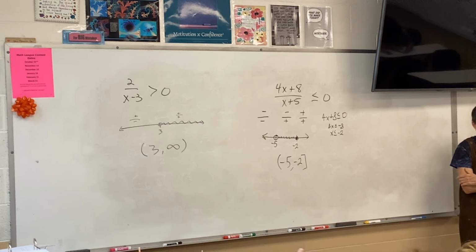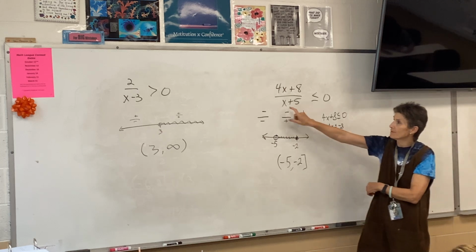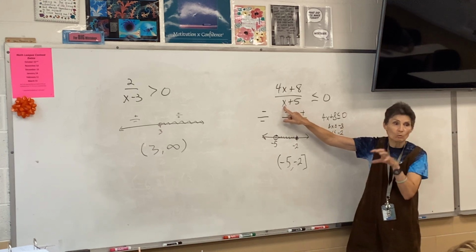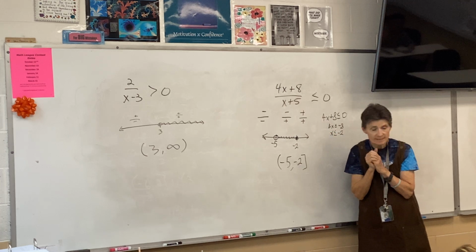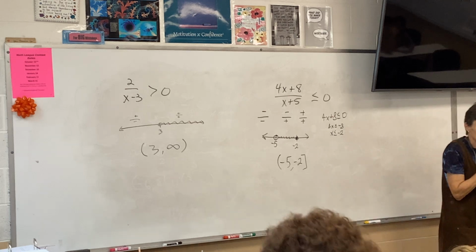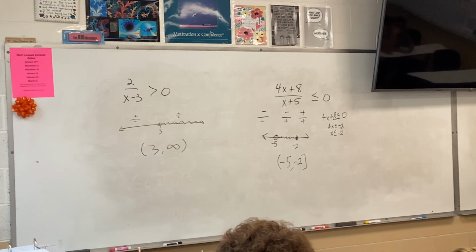If you let x equal -5, you get a 0 in the denominator. Is that allowed? No. X cannot equal -5. You'll get there. Someday.